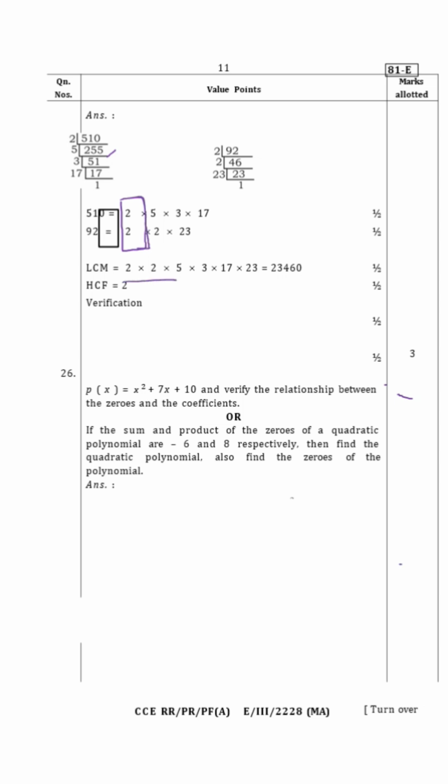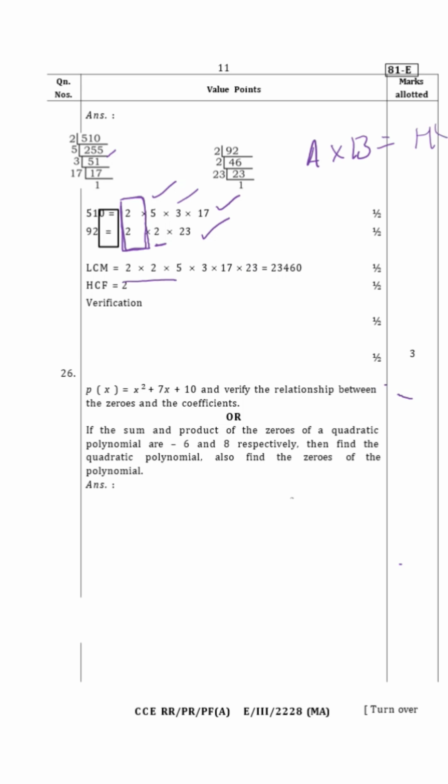This 2 once we have to write, then this 2. 2 into 2 into 5, 3, 17, 23, which is equal to 23,460. HCF is 2.